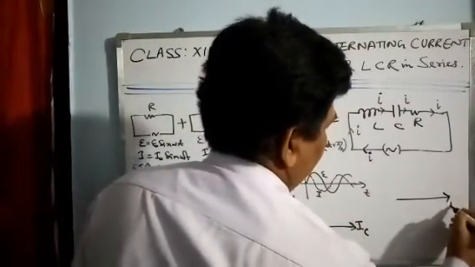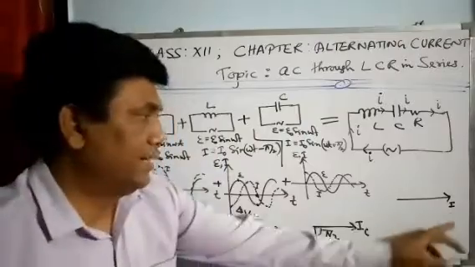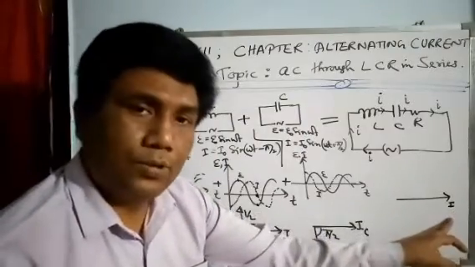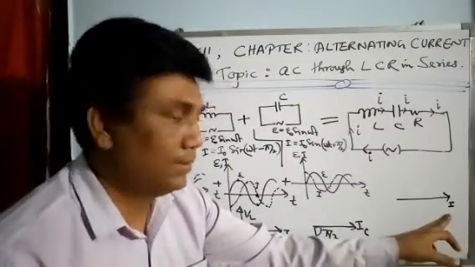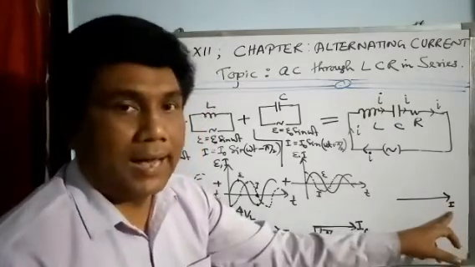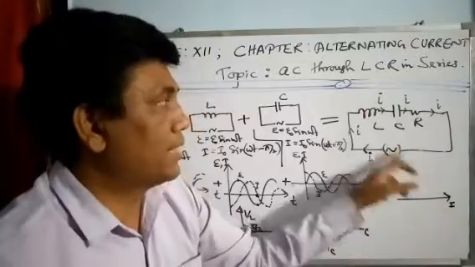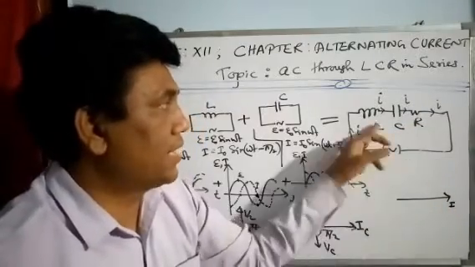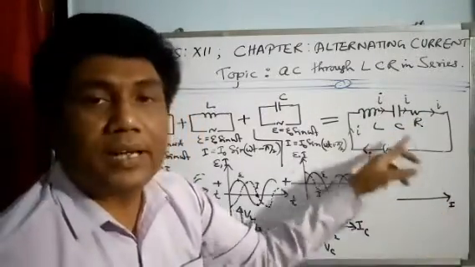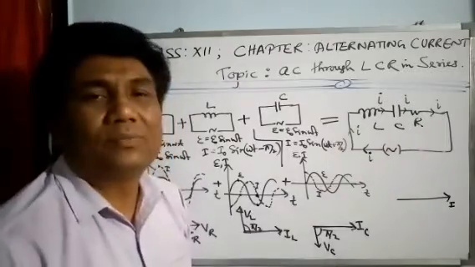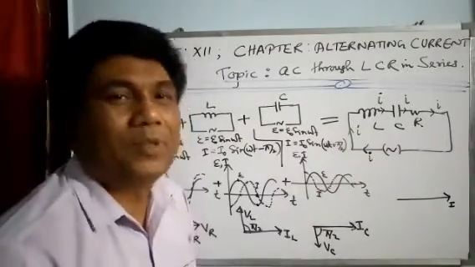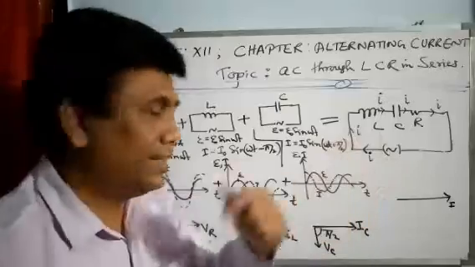So this is I. Remember, this I you can put as I, IC, IL, or IR. I means total current, IR means current through the resistor, IC means current through the capacitor, IL means current through the inductor. Out of these four you can put any, because the value is the same as they are in series.